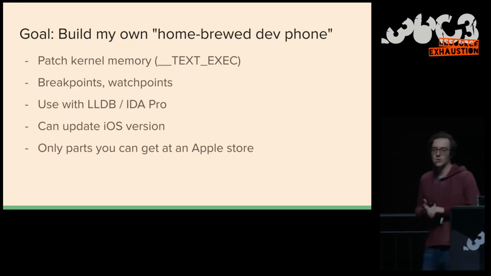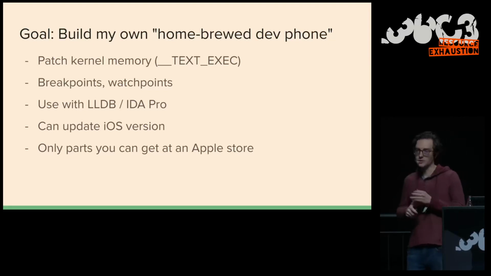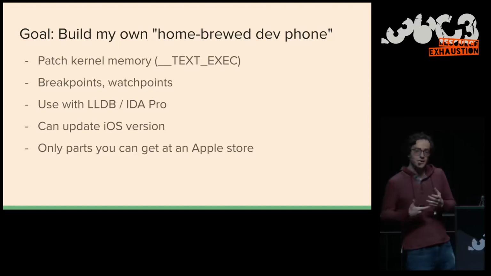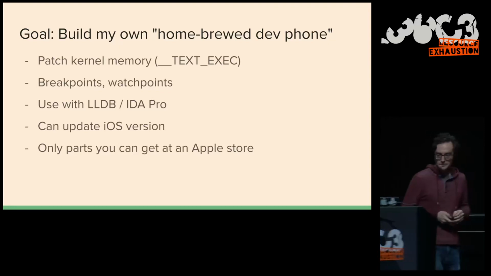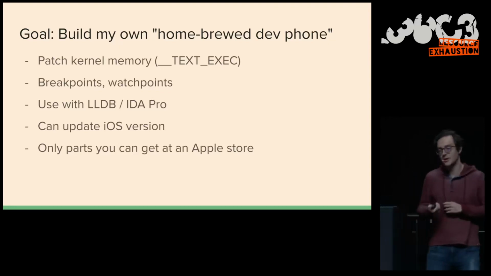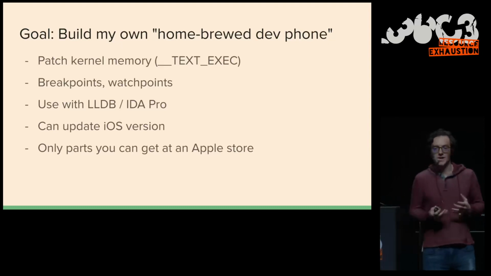The third item that I wanted this debug phone to be capable of is to use only standard off-the-shelf debuggers. I didn't want to depend upon proprietary Apple software like Astris in order to operate. The next item is I wanted this homebrewed dev phone to be updatable.